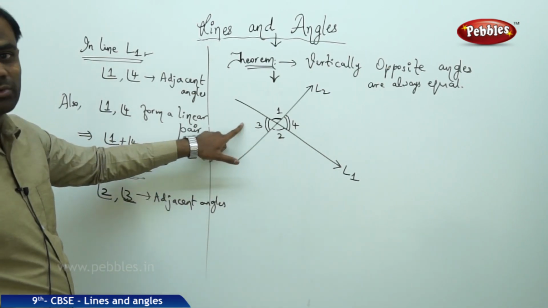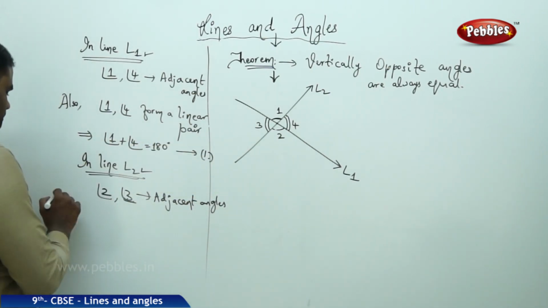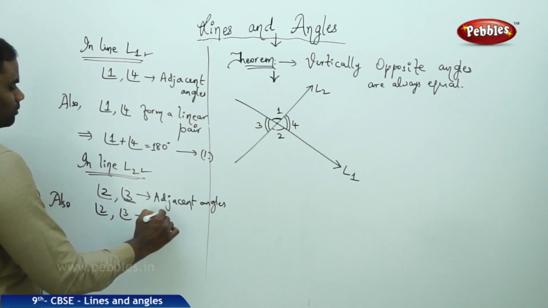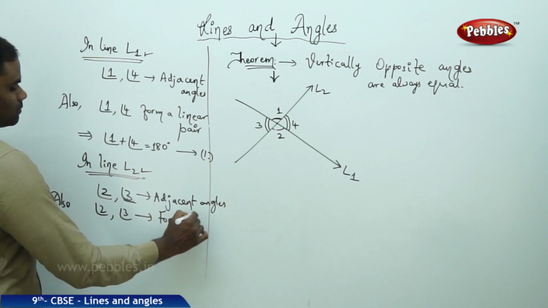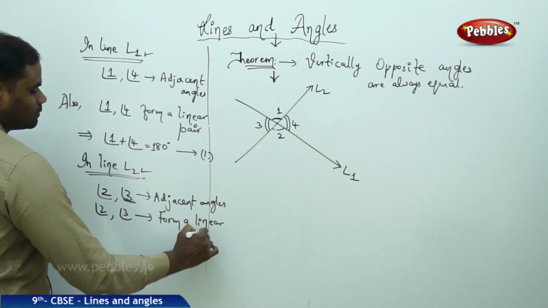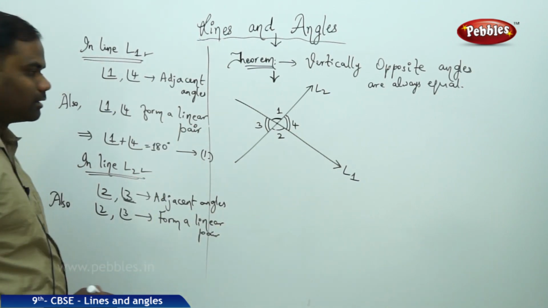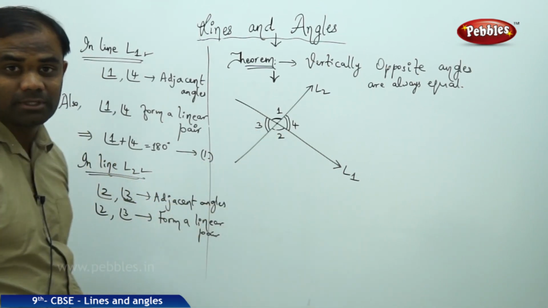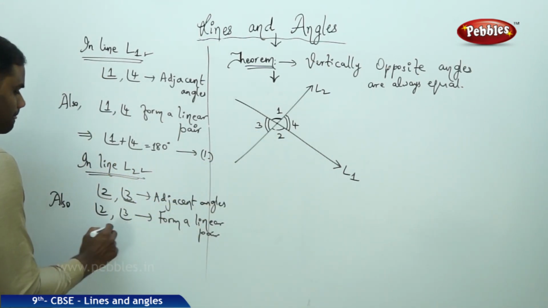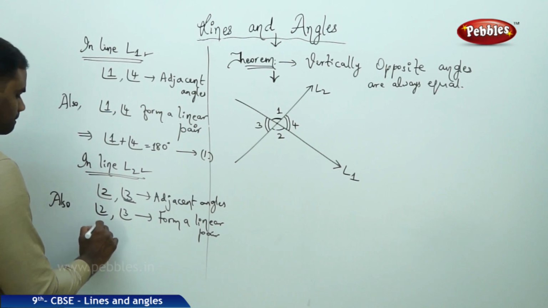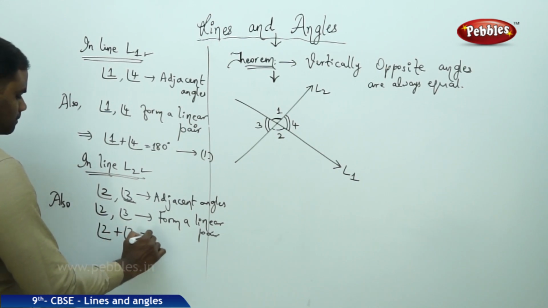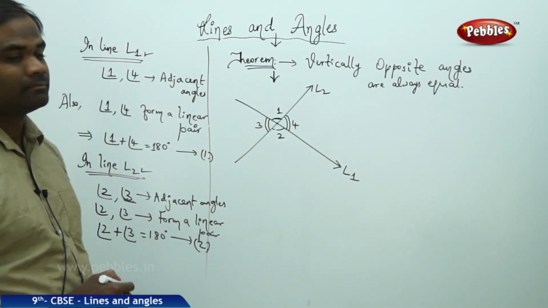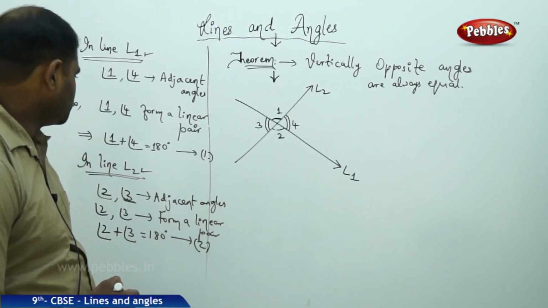And as you see, angle 2 and angle 3 also form a linear pair. And therefore, because these two form a linear pair, the sum of angle 2 plus angle 3 must be equal to 180. That is how we get the linear property as the second case.